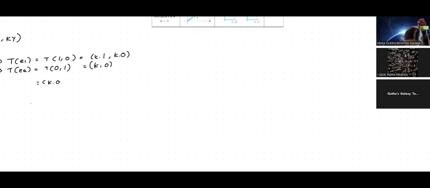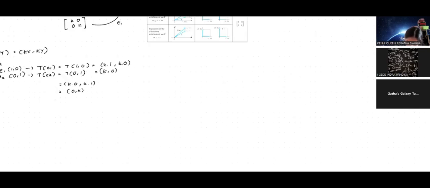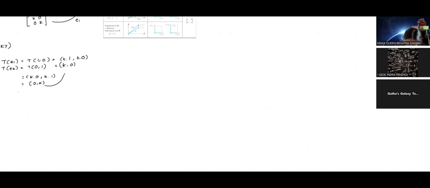This will result in 0, K. So now we need to arrange both of these into a matrix A, T(E1) and T(E2), as seen here.